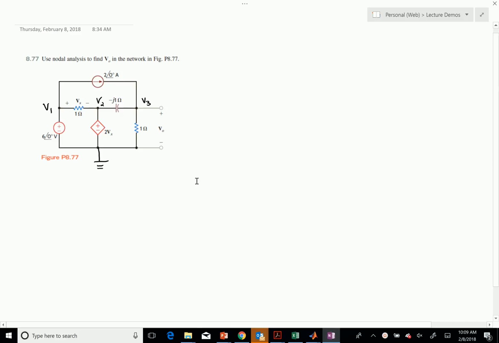Now, what I want to do here is remember a little bit about what we're doing with nodal analysis. Anytime we do nodal analysis, our basic approach is that we are solving for node voltages.